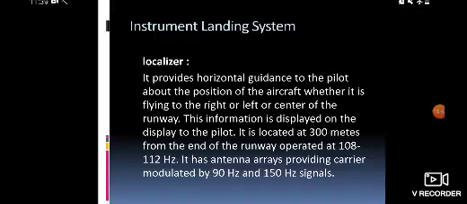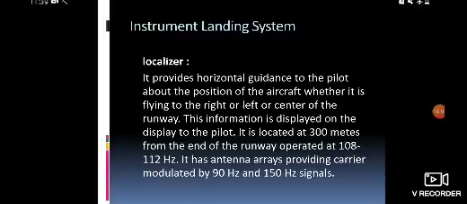Okay, so the next is, what is a localizer? A localizer provides horizontal guidance to the pilot about the position of the aircraft, whether it is flying to the right, left, or center of the runway. It just guides the pilot about the position of the aircraft.